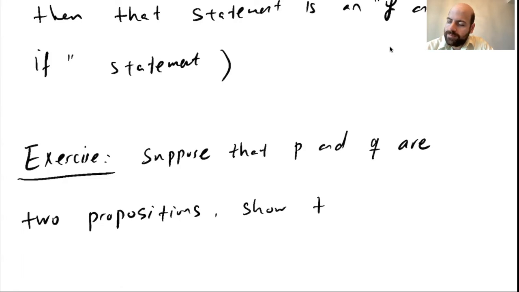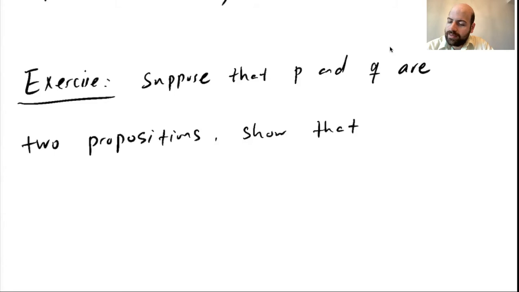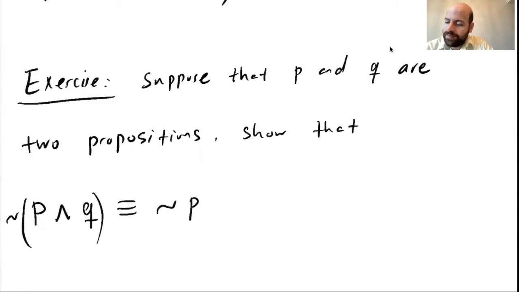Show that the negation of P conjunction Q is logically equivalent with negation P disjunction negation Q.